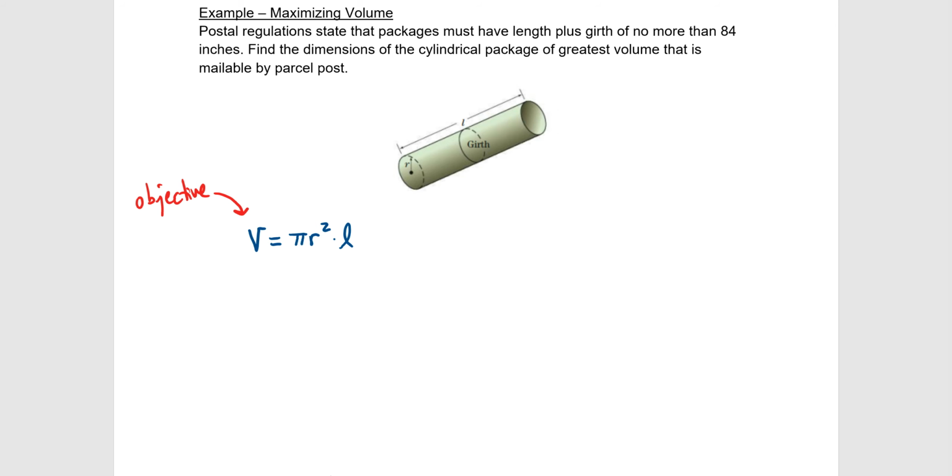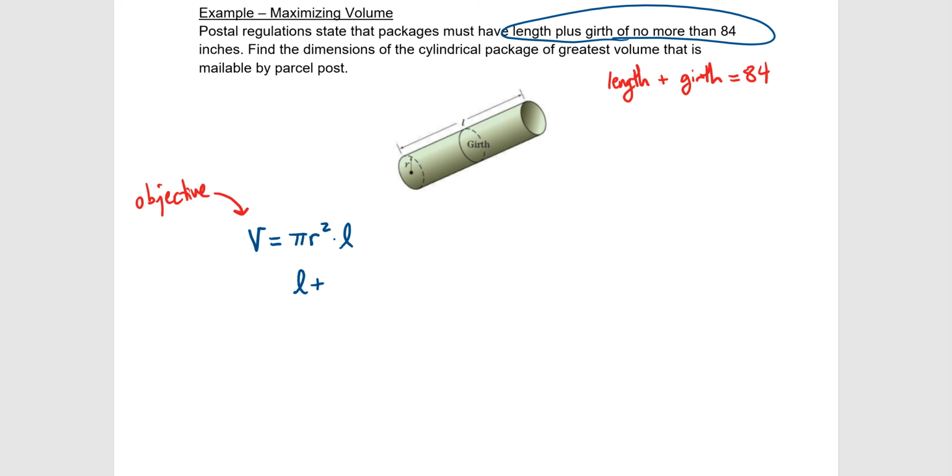So I'm not going to use x and y. I'll use r and l here just because that's what it's labeled as in the picture. And now we have this other formula, which is going to be the constraint formula. So the constraint says the length plus the girth can be no more than 84 inches. That means for it to be the largest, length plus girth has to equal 84.